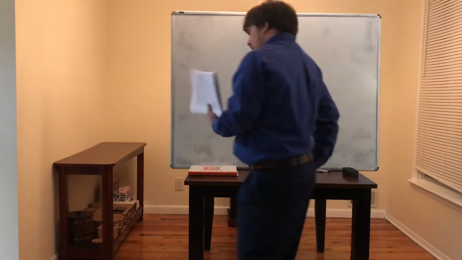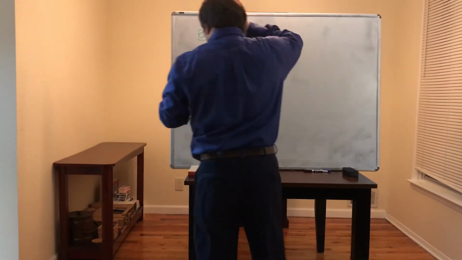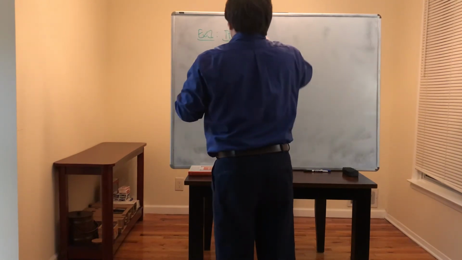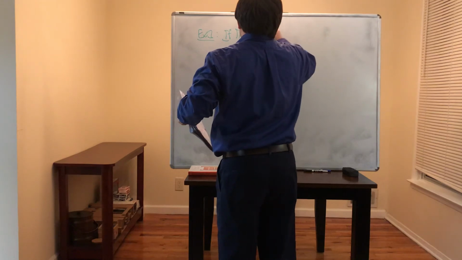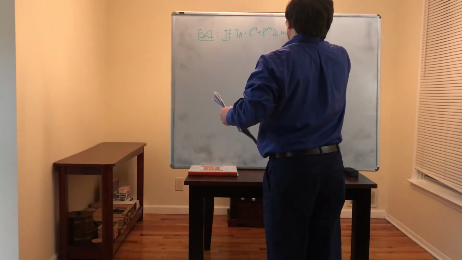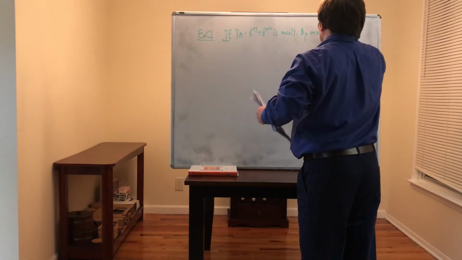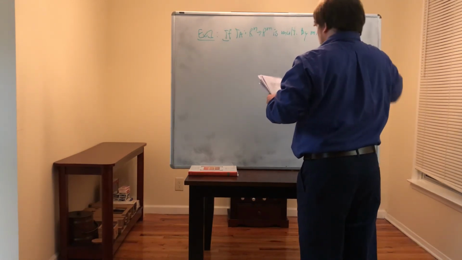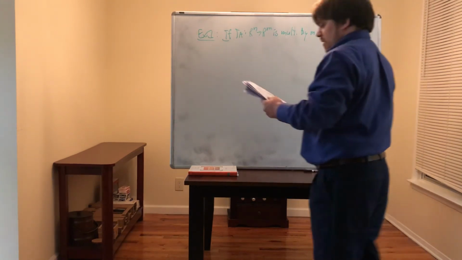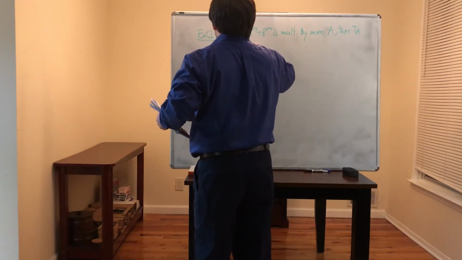Okay, example 1. If T sub A from Rn to Rm is multiplication by m by n matrix A, then T sub A is not 1 to 1.